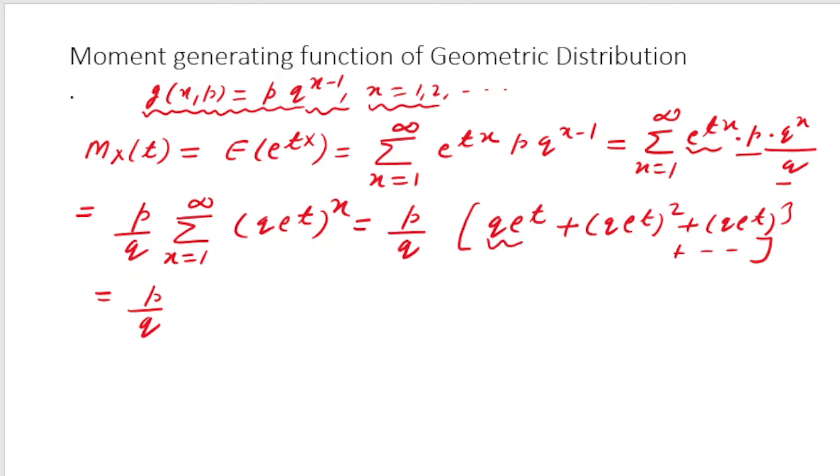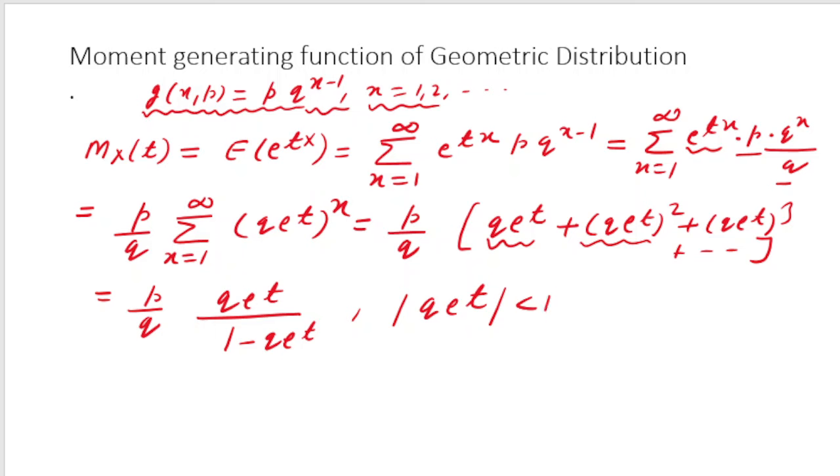If you look at this as the first term and this as the common ratio, and this is an infinite series, it can be written as q e^t by 1 minus q e^t. Because we want convergence, we have used the term absolutely convergent, if you remember when I was discussing in the beginning. So for that, the mod value of q e^t should be less than 1.